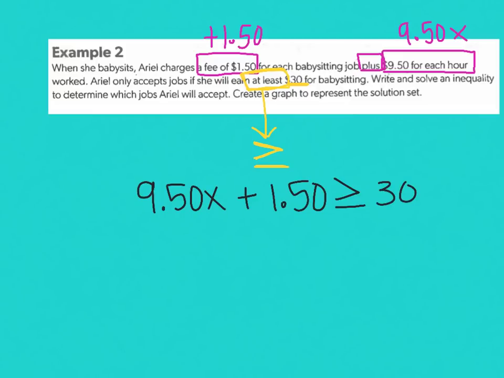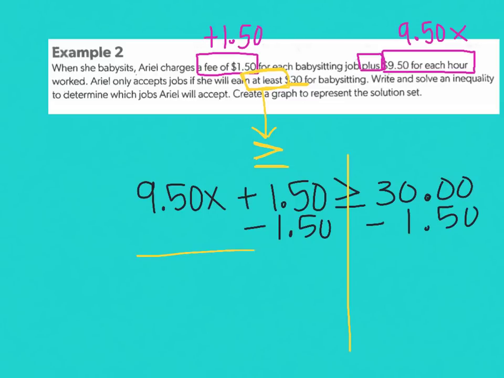And again, when you solve this, it's just like a normal equation. When I solve it, I draw a line down the symbol, and then I start working backwards. So the opposite of adding $1.50 is subtracting the $1.50 of the fee. 30 is not a decimal, so I need to make sure and line up decimals when you get ready to subtract or add. If I have $30 and I take away $1.50, if you need to borrow this, you can.